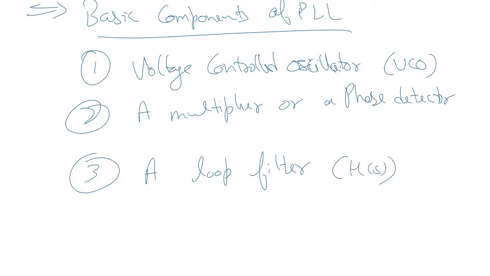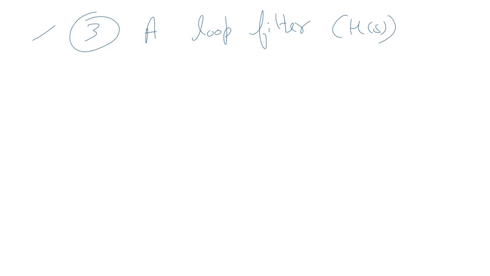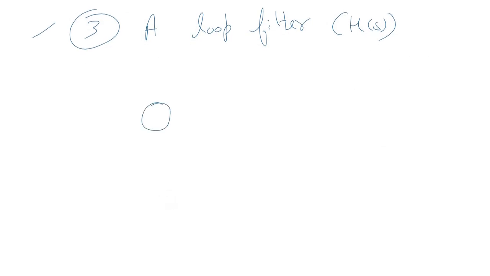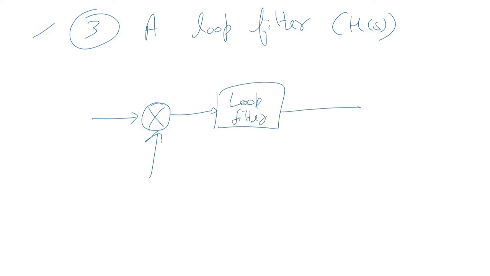If we draw the basic block diagram of PLL consisting of these three blocks, it's kind of a feedback loop. I'll just draw the basic diagram of PLL. This is the multiplier, or you can say the phase detector, followed by a loop filter, and in the feedback loop we have a VCO.